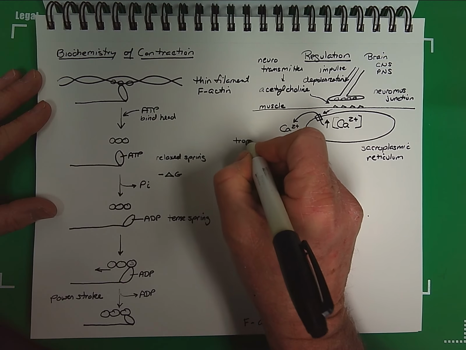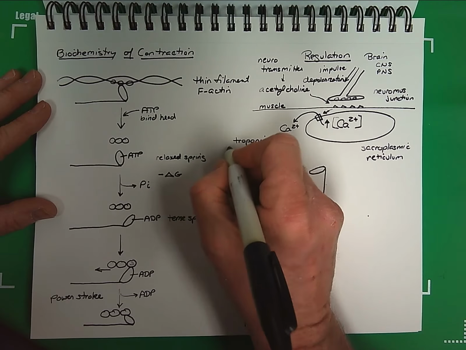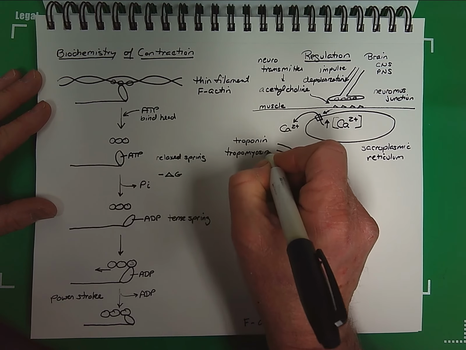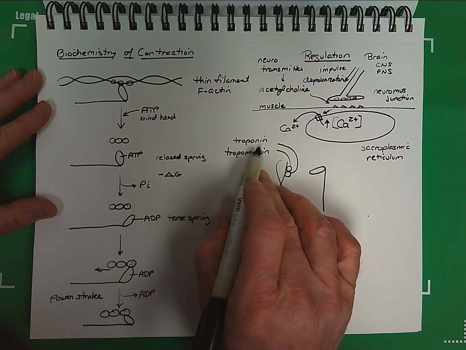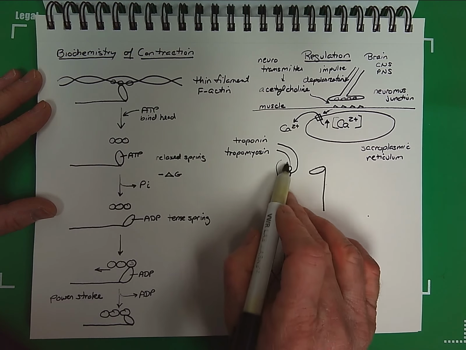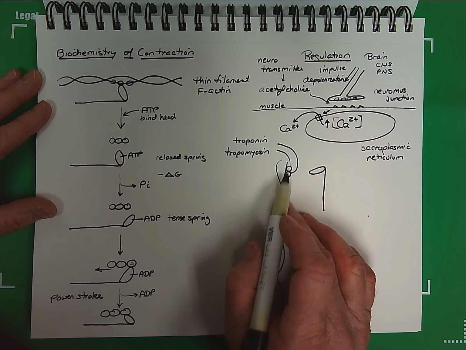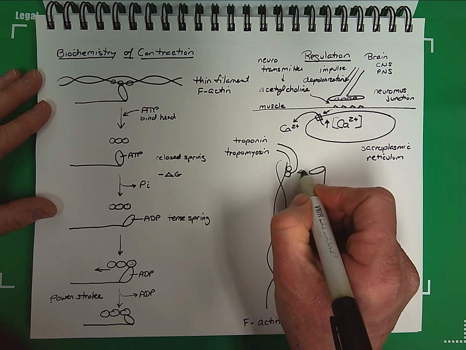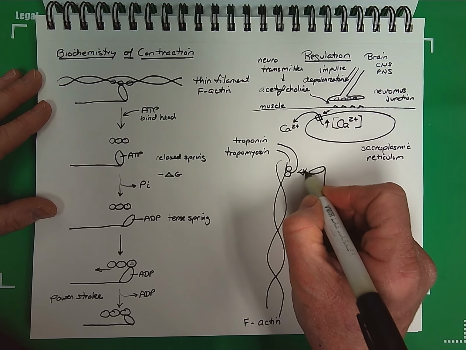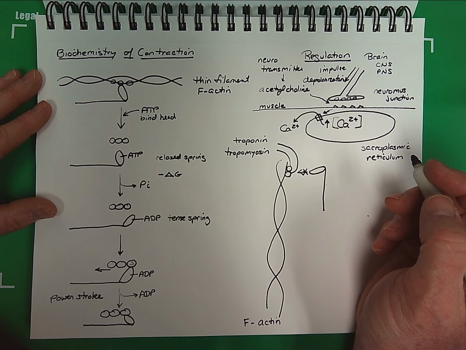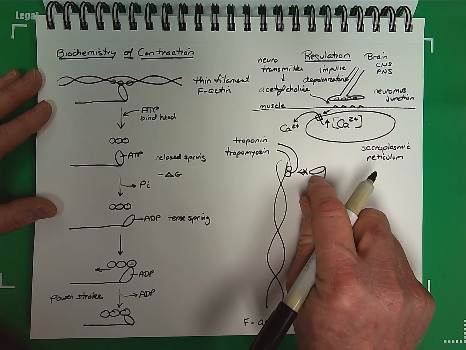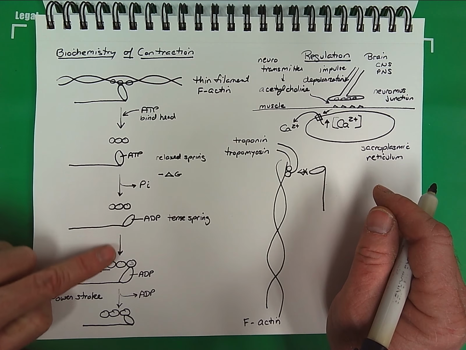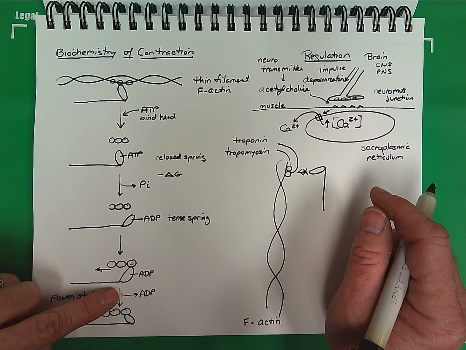One is called troponin. The other is called tropomyosin. And these two proteins bind together, and they bind to actin. When they bind to actin, the interaction of the myosin head with the actin is prevented. If the myosin head cannot interact with the actin, then none of these contractile events can occur. So there's no contraction.